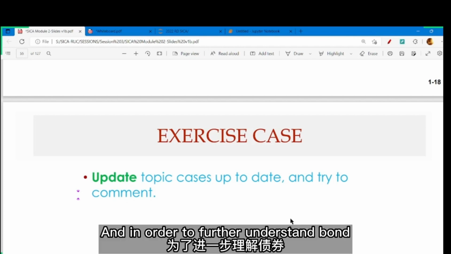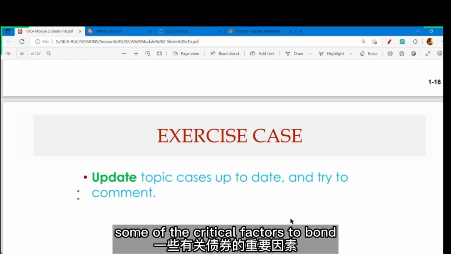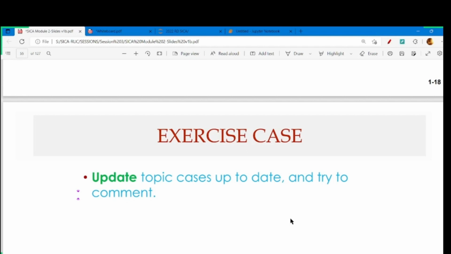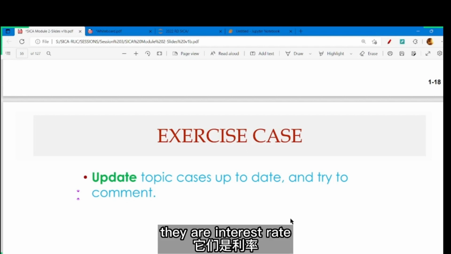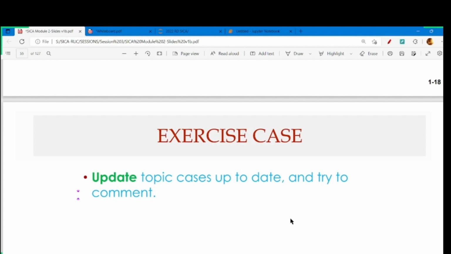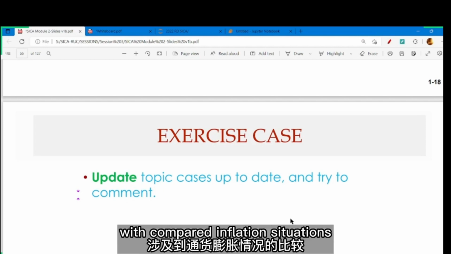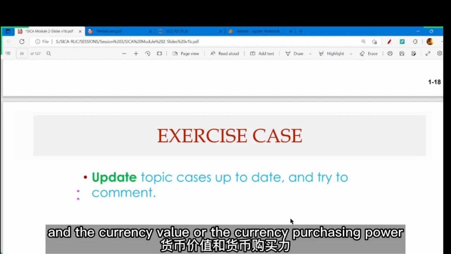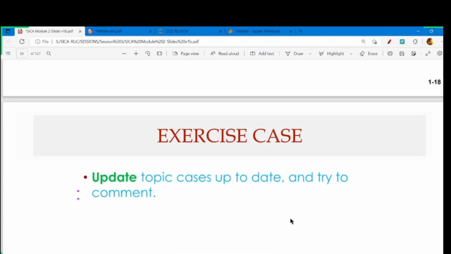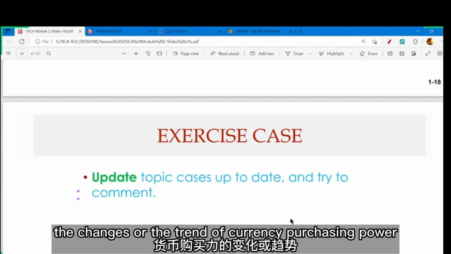To further understand bonds, we have to understand some critical related factors: interest rate, and inflation, which is related to interest rate. So we have studied some inflation situations. We compared inflation situations, and currency value or purchasing power is closely connected to inflation, so we also discussed the trend of currency purchasing power.